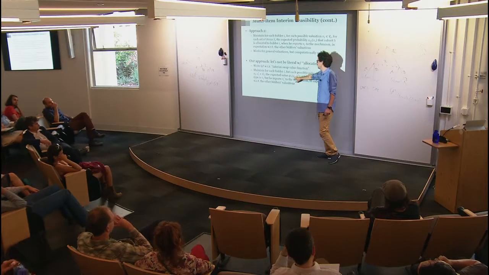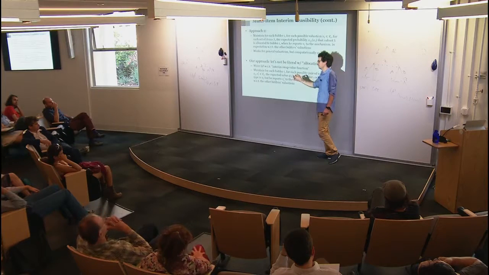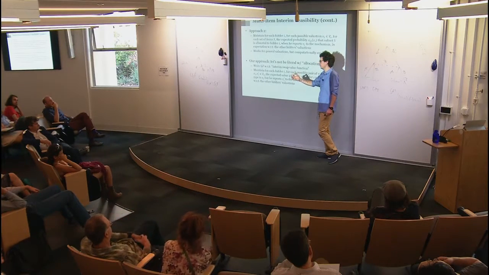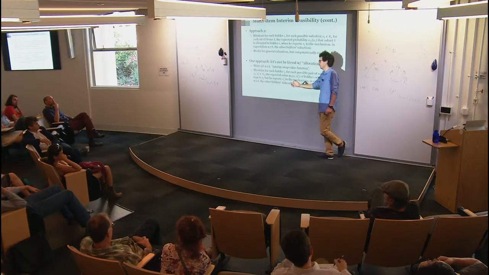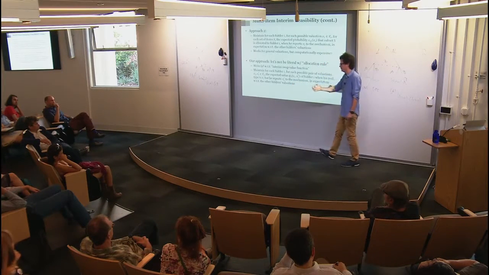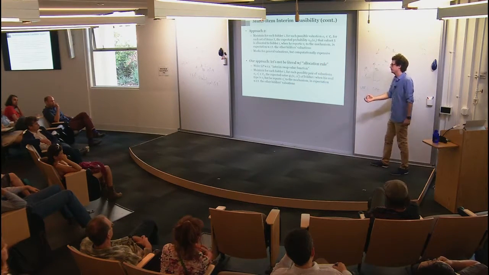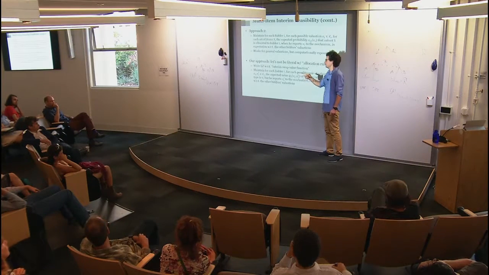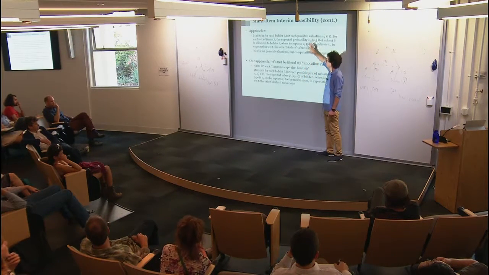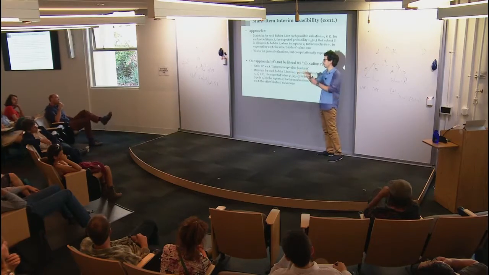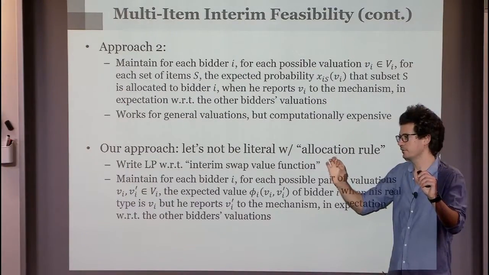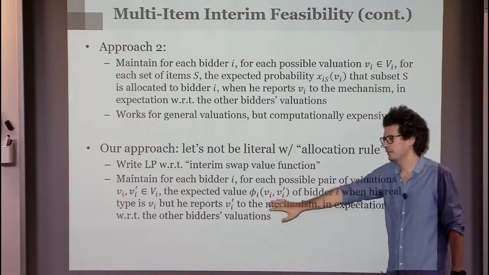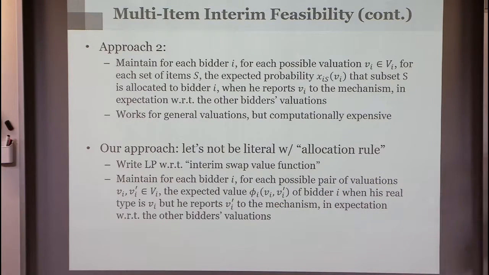I'm working in the setting I mentioned at the beginning: the distribution Fi has finite support, and that's part of my input. The importance of this result is to get rid of the exponential dependence on the number of bidders, which is not here.